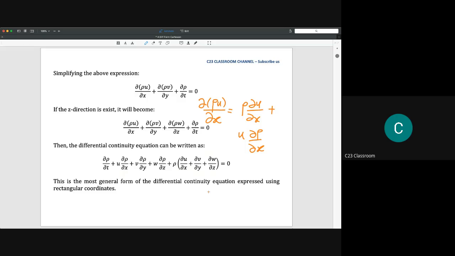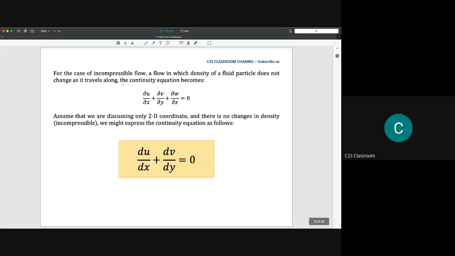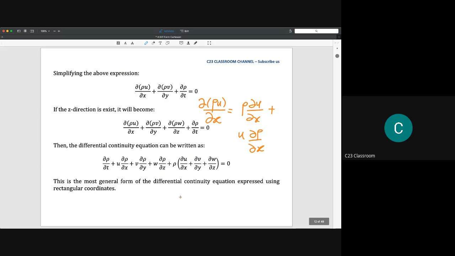But in our case here in our class, we are using the longer continuity equation, because in many textbooks they will simplify this one because they are dealing with incompressible flow. So incompressible means the density of the fluid is not changing. So from this equation, the density here is constant. So we could bring everything in.